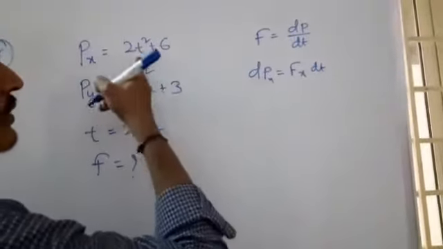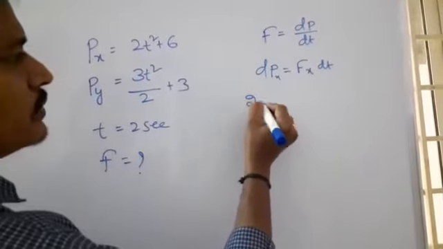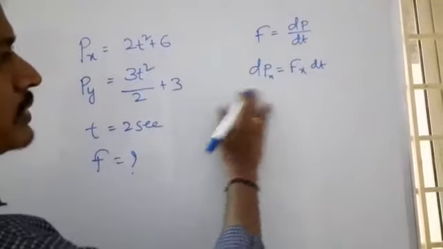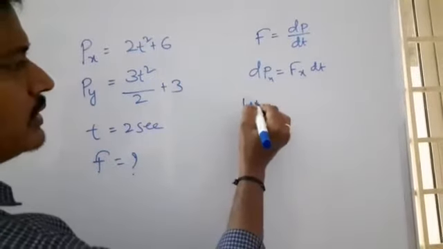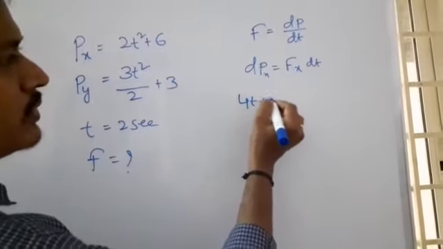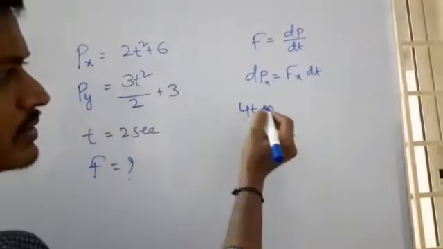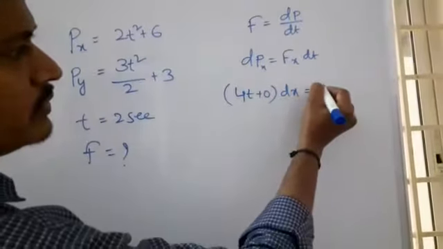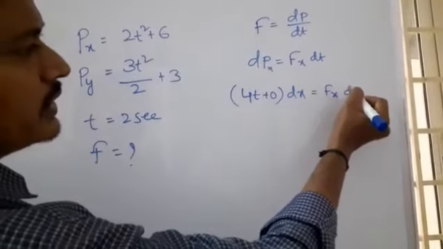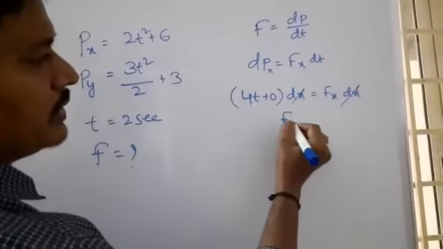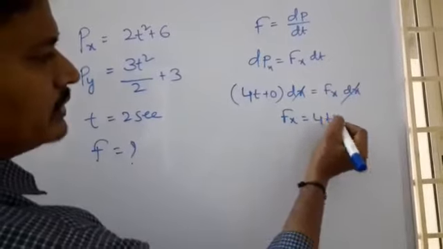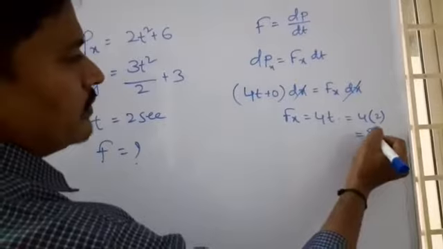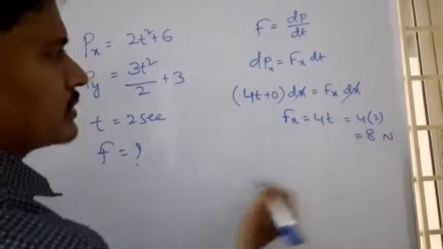Derivative of 2t square is 4t plus 0. Derivative of the constant term is 0. Into dt is equal to Fx into dt. dt gets cancelled, Fx is equal to 4 into t. T value is 2, so it is equal to 8 newtons.